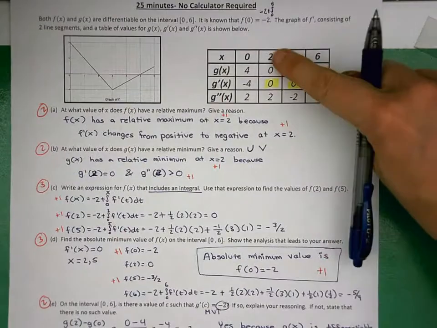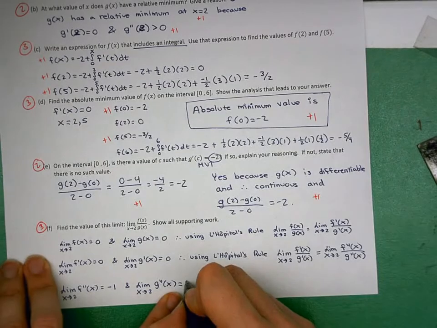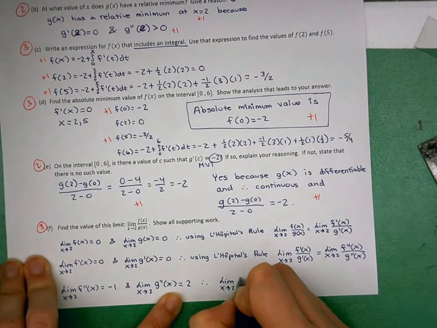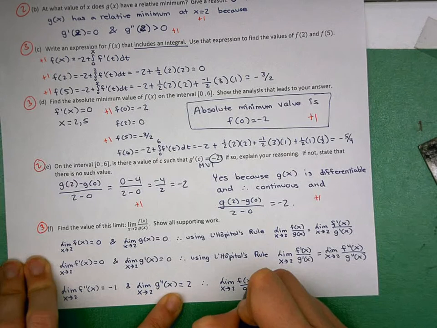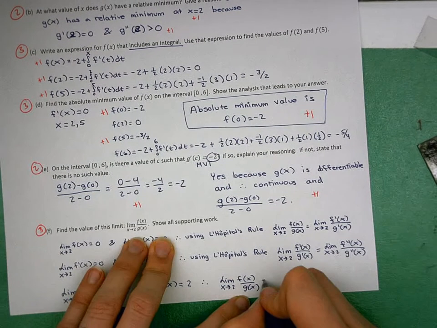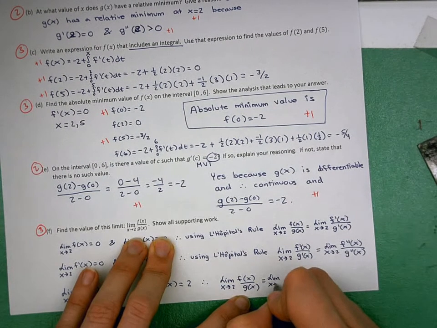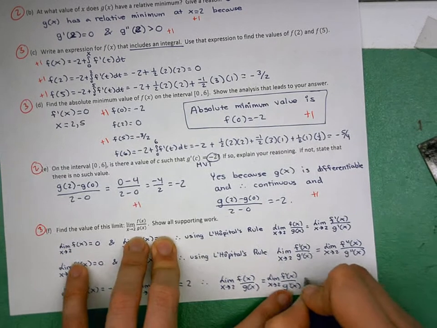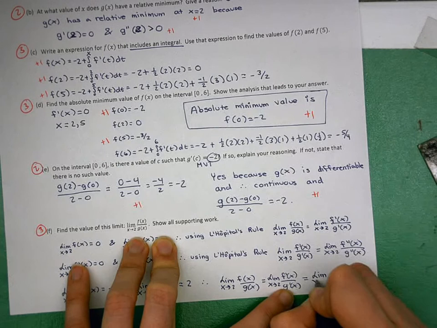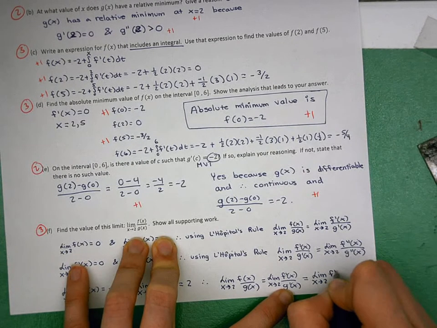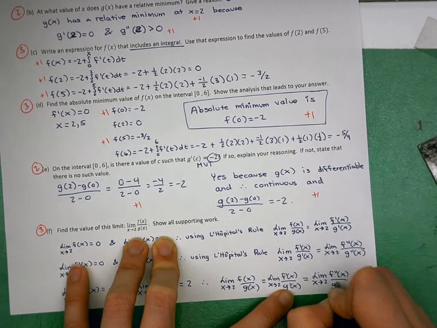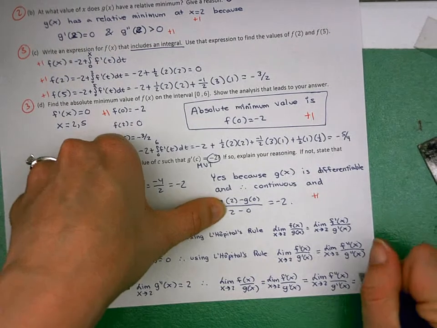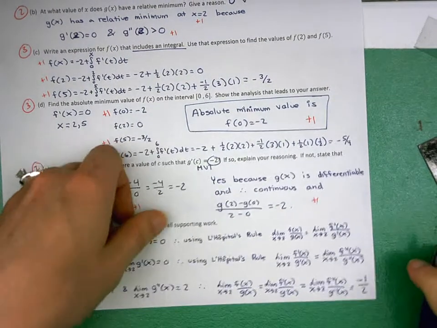Woohoo! So therefore, the limit as x approaches 2 of f of x over g of x, which equals f prime of x over g prime of x, which equals the second derivative. f double prime was negative 1, g double prime was 2. It's negative 1/2. Okay? 3 points for this one.